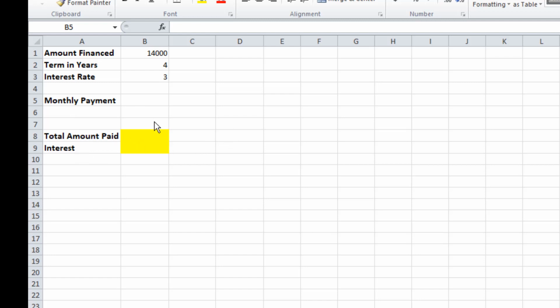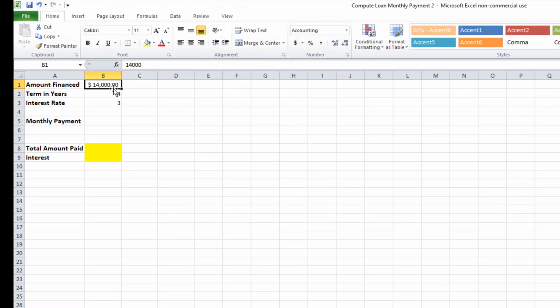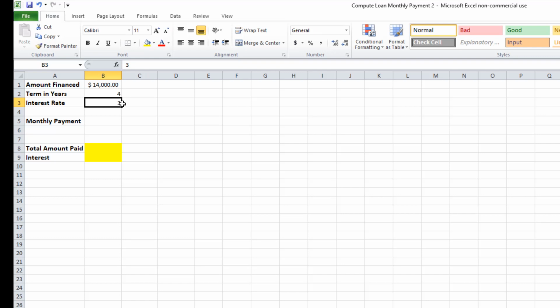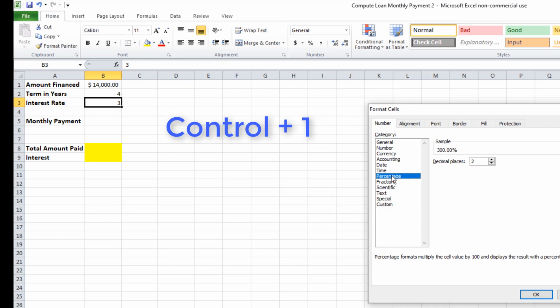Okay, so let's go to this cell right here. Well, first let's format the cell. I'm going to click on this cell, and over here in the general, I'm going to click on the dollar sign to get that into dollars. Terms in years, I'll leave that the way it is. Now on interest rate, I could click on percent, but I want this one to at least 2 places, so I'm going to press Control 1 and click on percentage.